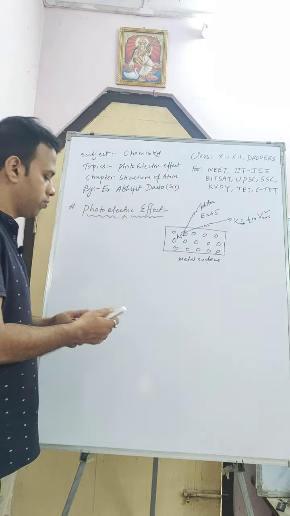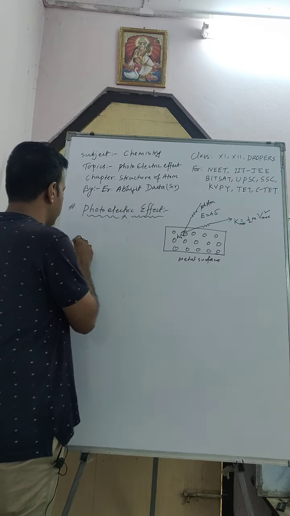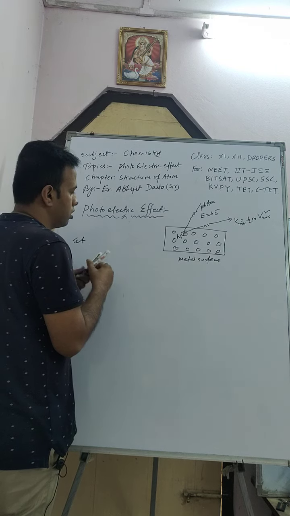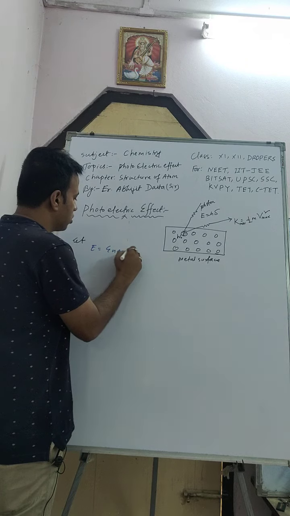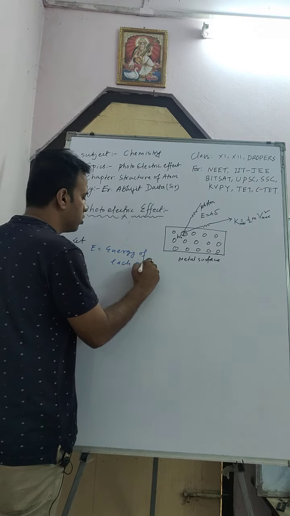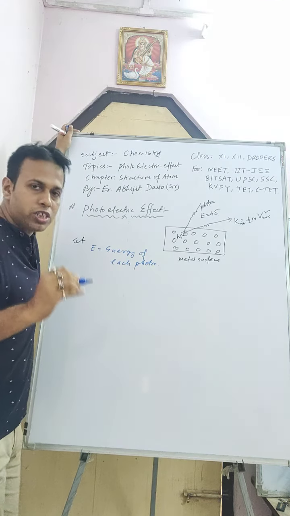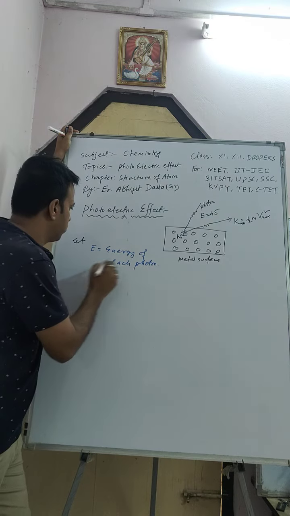Here let E equal the energy of each photon. A photon is the smallest particle of light; photon is the light particle.